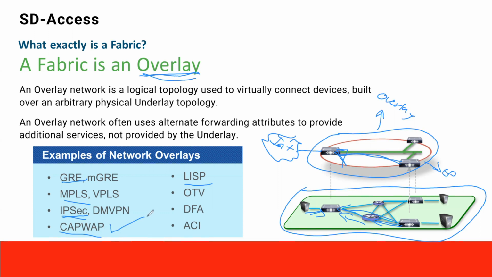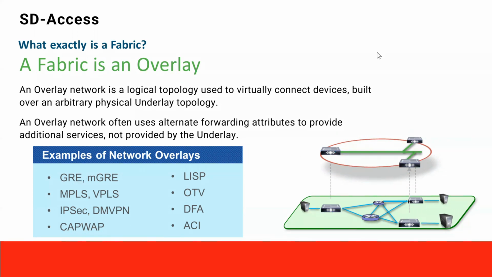Even if there are multiple hops in between, if there is an access point somewhere here and the wireless controller is connected to this specific L3 switch, it will directly form a tunnel like this. So it will look like the AP is directly connecting to the wireless controller rather than going through these hops. So this is what an overlay is. Clear?